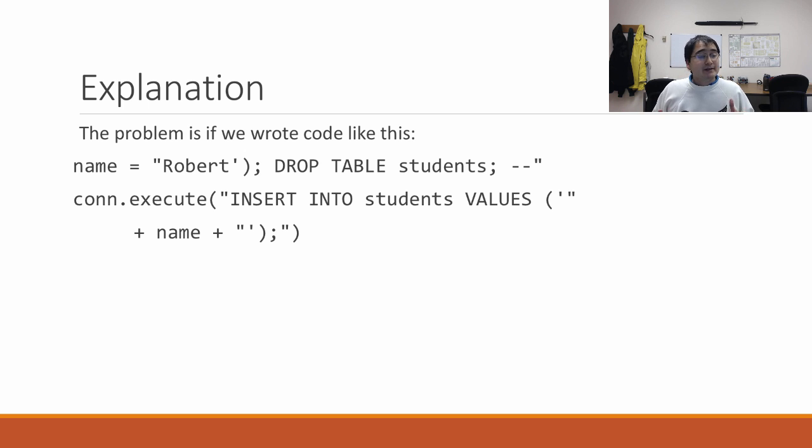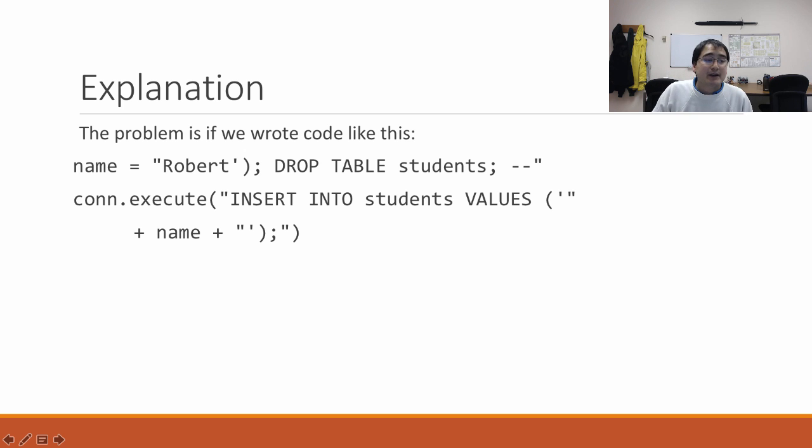And what they did is they did my pre-parameterized query SQL statements, where I said insert into students values, open single quote, and then at the end I have this close single quote close single quote parentheses semicolon, and then they added their name in the middle. And this would work perfectly fine if people gave normal names like Robert or Josh.